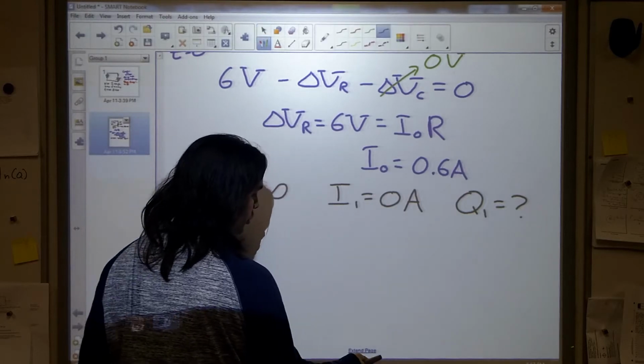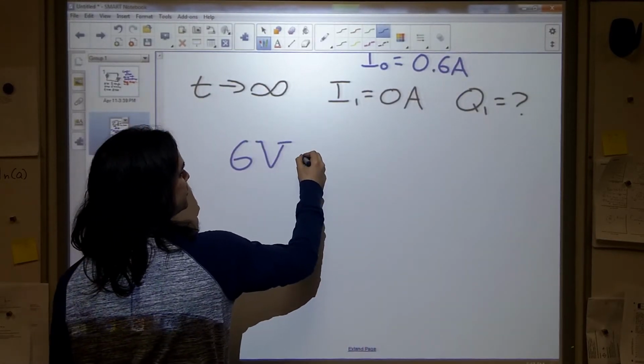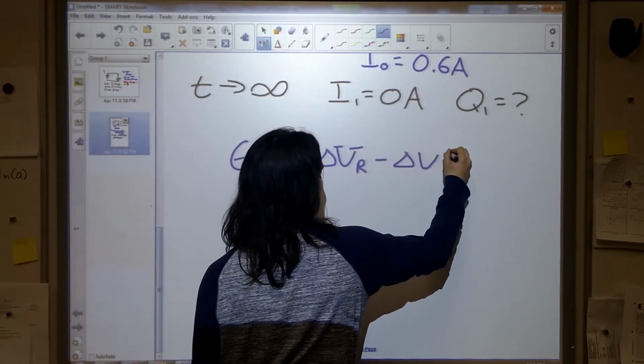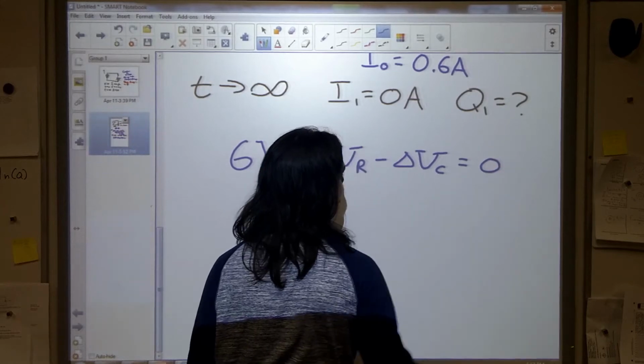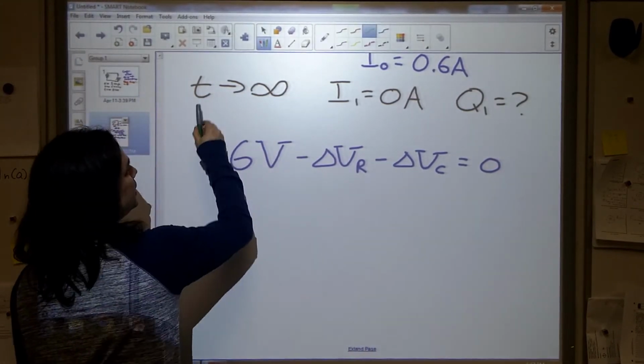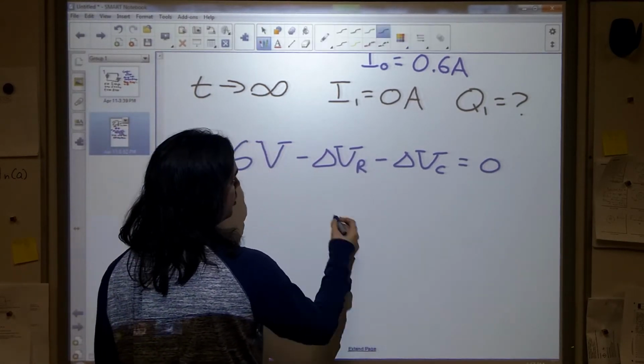Well, once again, we turn to loop rule. Loop rule is very important when it comes to circuits. 6 volts minus delta VR minus delta VC is equal to 0. This actually stays the same at all points, except at t equals infinity, remember our current is going to be equal to 0.